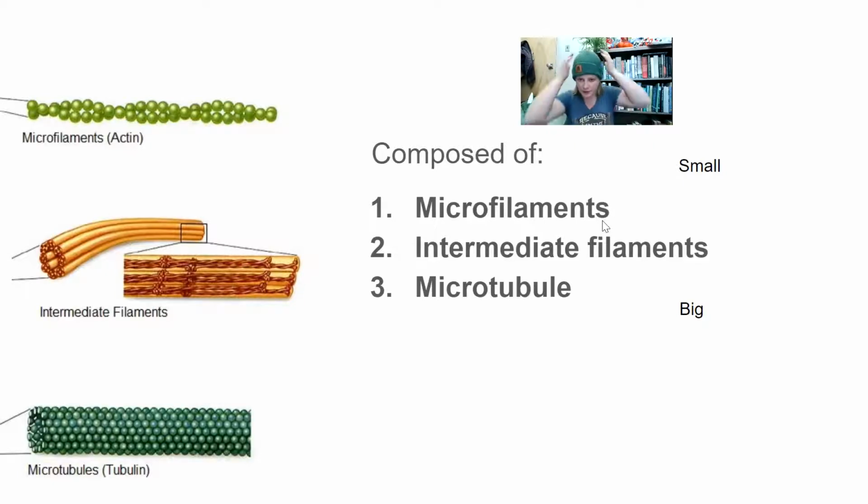So if you think of filaments as tiny hair-like things, then microtubules are little tiny pipes in our cells, and microtubules are bigger than filaments. Make sure that you can get those concepts and be able to arrange these from big to small. Okay.